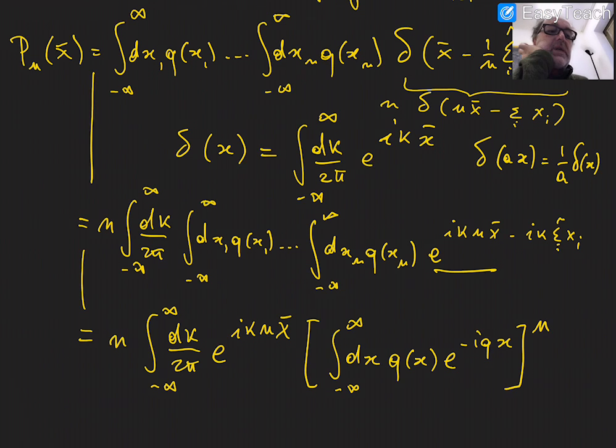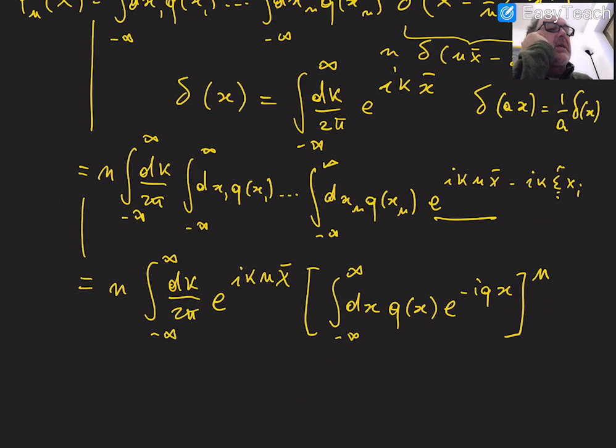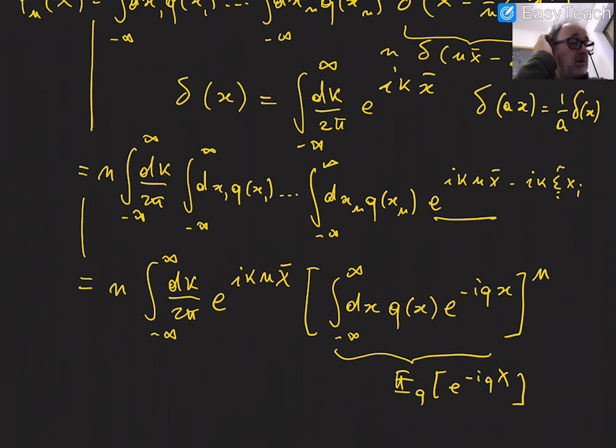Okay, so what you recognize here is the expected value over the distribution q of e to the minus ik times the random variable x, which is the characteristic function. Very good.